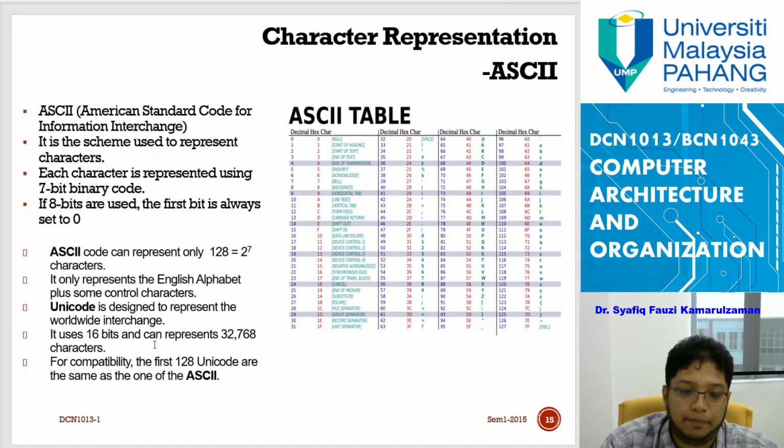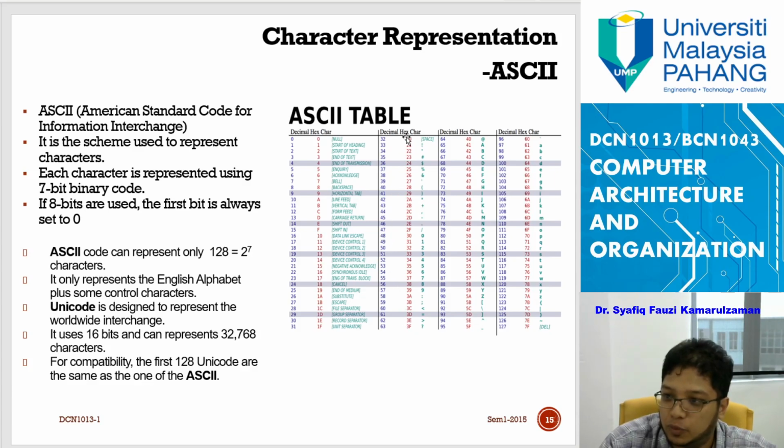Other than numbers, we use the ASCII code to represent the binary as well. In case you are typing characters on your keyboard, like an alphabet, your keyboard will push out the binary that is represented by this hexadecimal here.